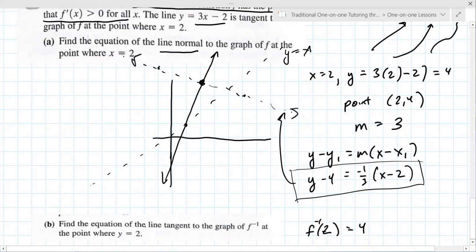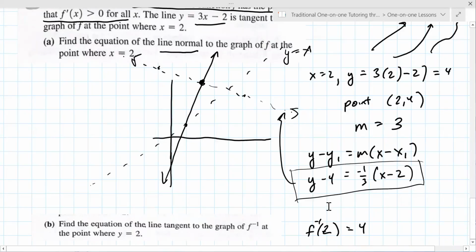But I'm not completely sure. This is kind of weird. We could find the inverse. No, we can't, because we don't have the original function. So basically you got 4 because that's from this point.